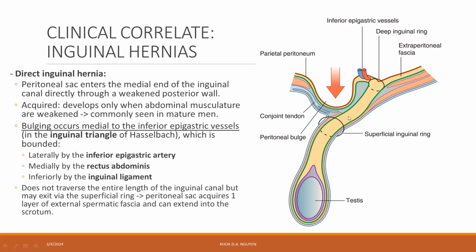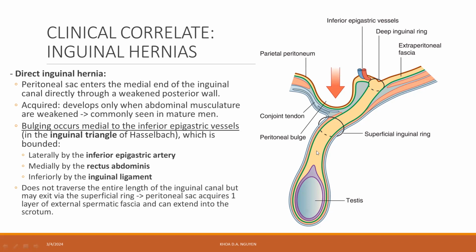So now, a direct inguinal hernia does not traverse the entire length of the inguinal canal, but only exits via the superficial inguinal ring. Like I said before, it does not go through the deep inguinal ring. So it forces its way through, maybe to this area here, and traverses only this part of the inguinal canal all the way over here to the superficial inguinal ring.